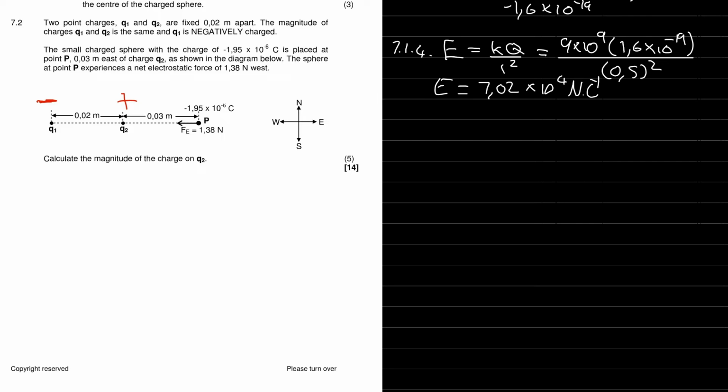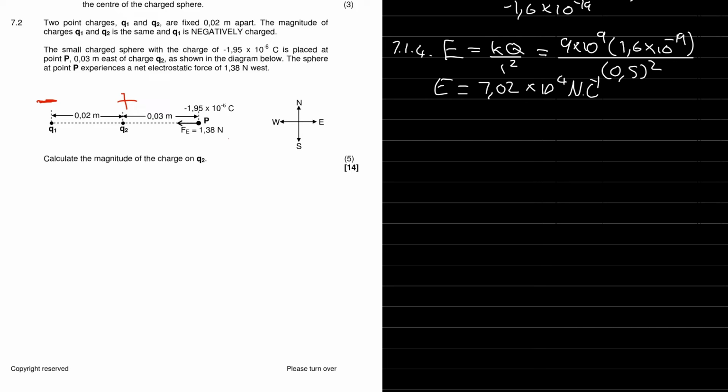If they were both negative, then the force would be this way, right? So our sphere that we negatively charged is placed at point P, 0.03 meters east of charge Q2, as shown in the diagram below. And the sphere at point P experiences a net electric force of 1.38 newtons west. Calculate the magnitude of charge Q2.